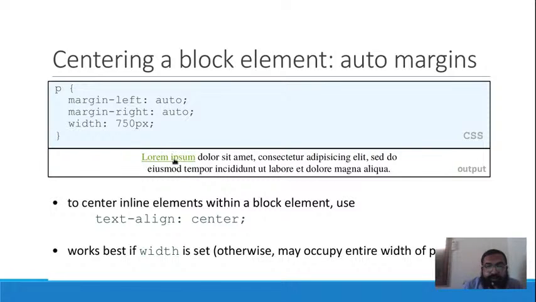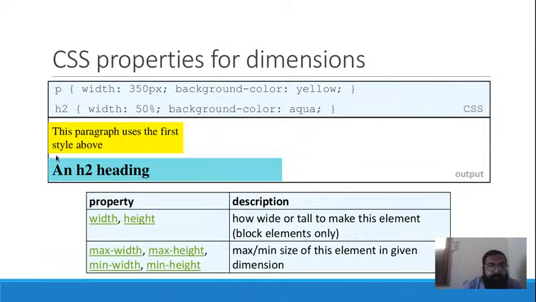In this particular case, if you use the text align, it will align the content to the middle of the page. To center inline elements within a block, use text align center, and this will work best only if you specify a particular width. For example, I can have the width set to be 50%, and I can then align it to the middle of this particular h2, at the central line.